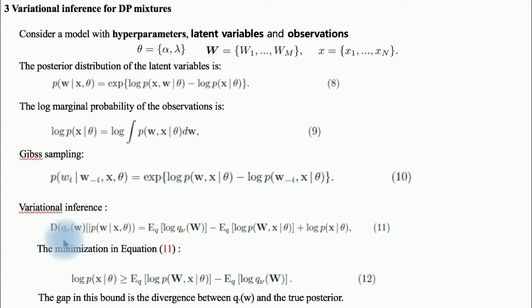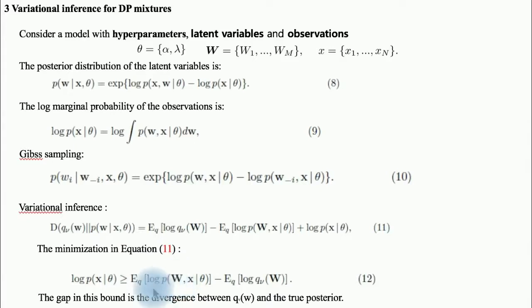In particular, let Q_V of W be a family of distributions indexed by the variational parameter V. We aim to minimize the KL divergence between Q_V of W and the posterior of the latent variable given x and theta. The minimization in equation 11 can be cast alternatively as maximizing a lower bound on the log marginal likelihood.